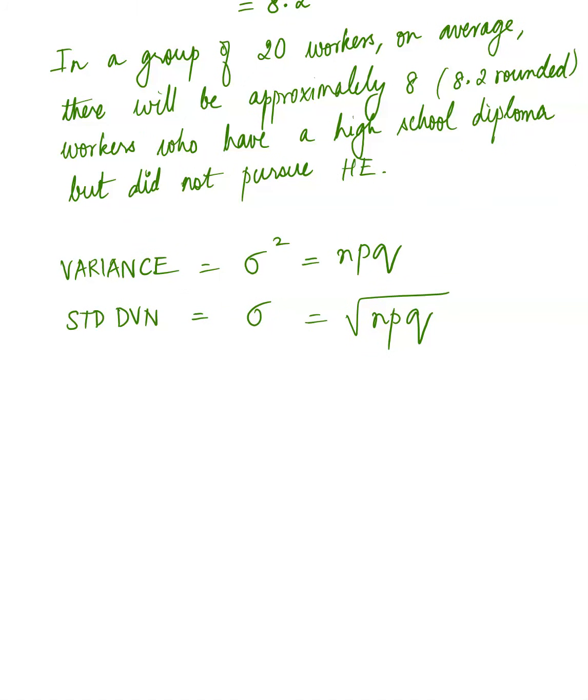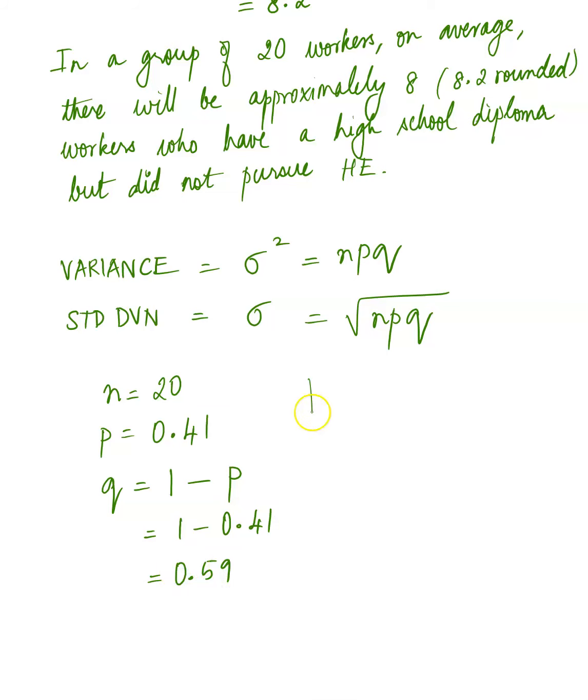Well, we need n, p and q. We have n as 20, we have p as 0.41. We do not have q given to us, but we know q is 1 minus p. So do 1 minus 0.41, which is 0.59. Okay? And so if we were to find sigma squared, that's npq, which is 20 times 0.41 times 0.59.